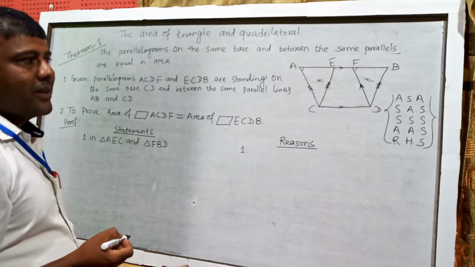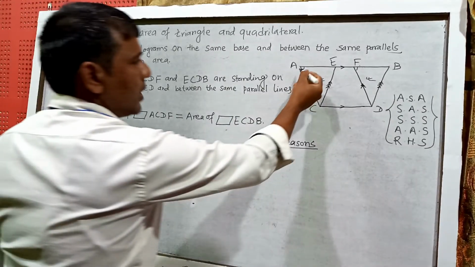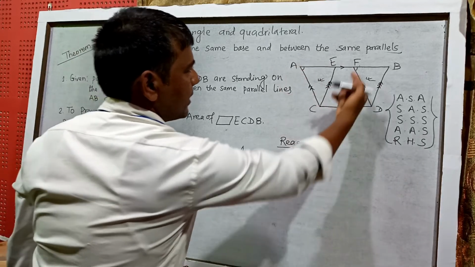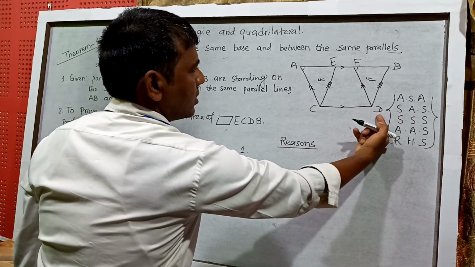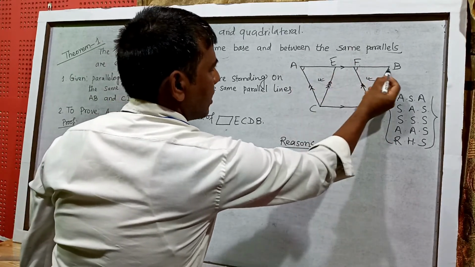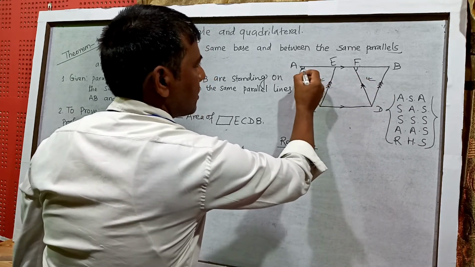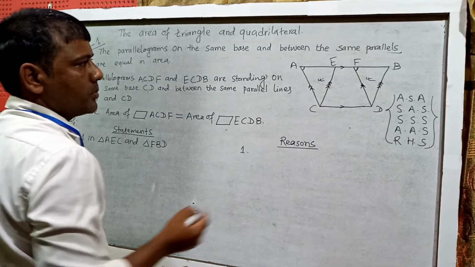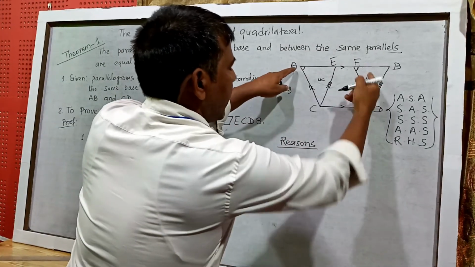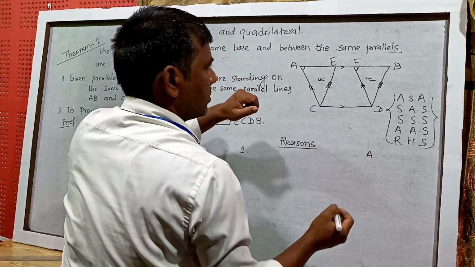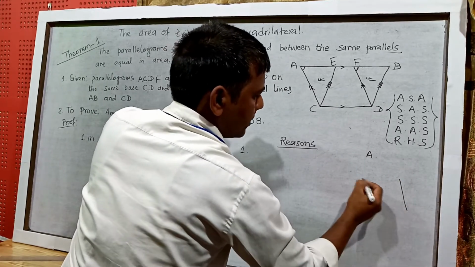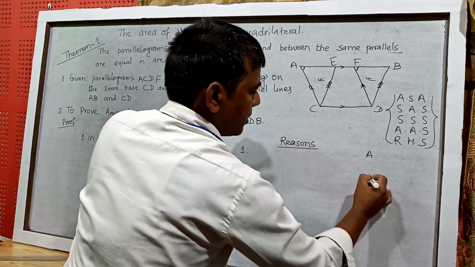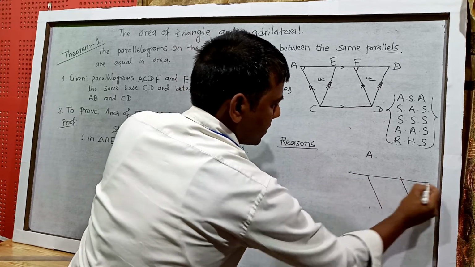They are equal because they are corresponding angles. These two lines are parallel, AC and FD are parallel, and this is the transversal, and these angles are corresponding angles. So these angles are equal. If we separate the figure, such is there.